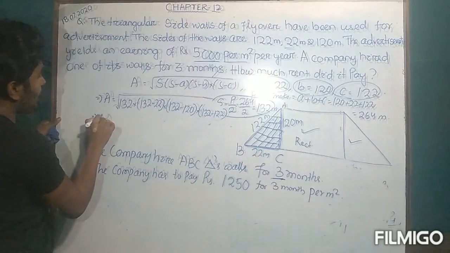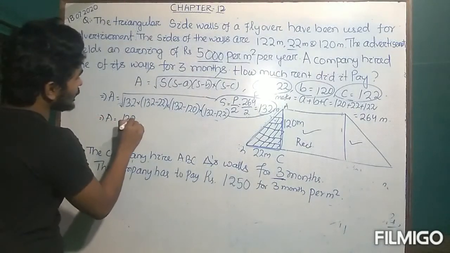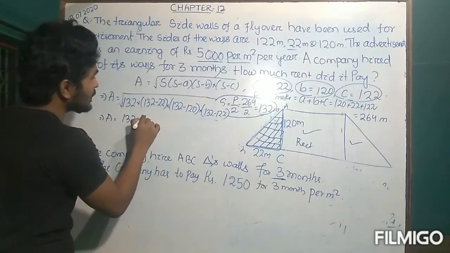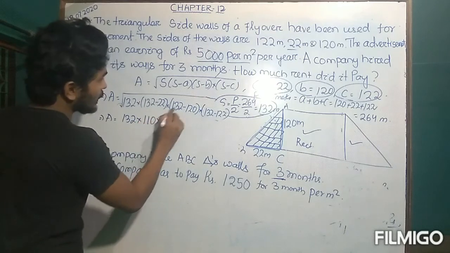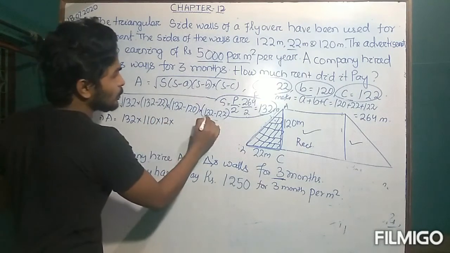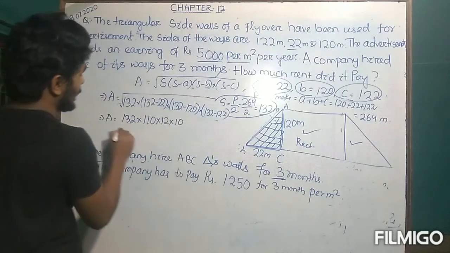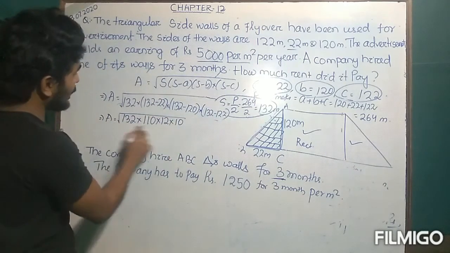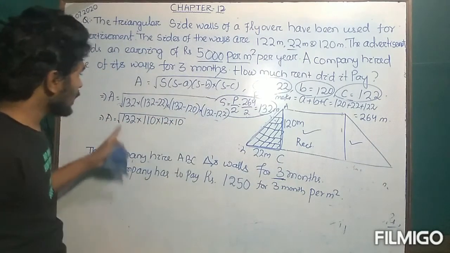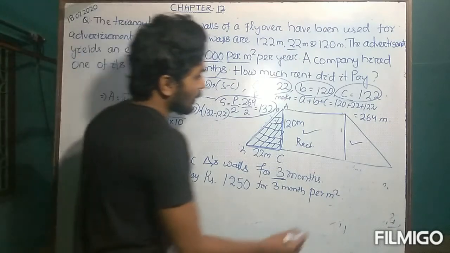Clear? Now area is equal to 132 into 110 into 12 into 10. Now find the square root of these four terms by factorizing them.